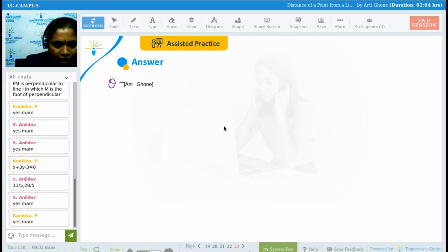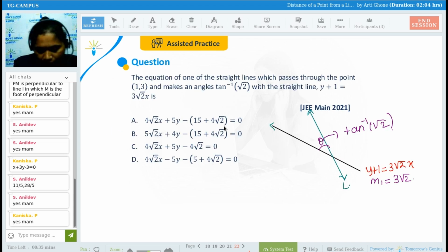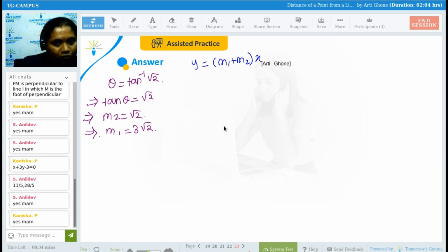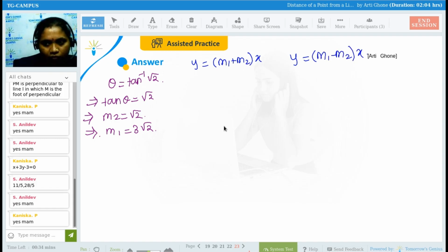So see, theta is given as tan inverse of root 2. So basically tan theta is equal to root 2. So basically one slope, that is m2, is equal to root 2, is given to us. m1 we know is 3 root 2. So what is the equation of this kind of straight lines? Understand, y is equal to m1 plus m2 x. This is one straight line and another is y is equal to m1 minus m2 x. Clear? Okay.